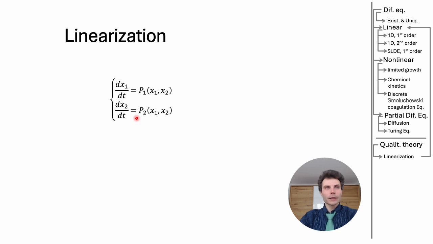So if we require that both p1 and p2 are simultaneously equal to 0, it means that the functions x1 and x2 will not evolve in time when set in the state that satisfies this algebraic equation, p1 equals 0, p2 equals 0.